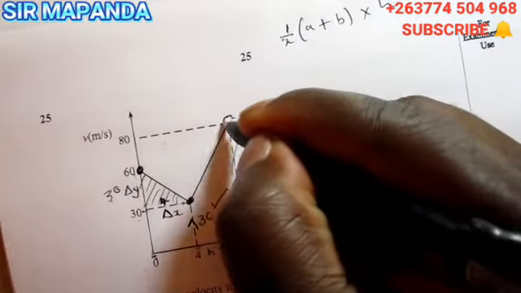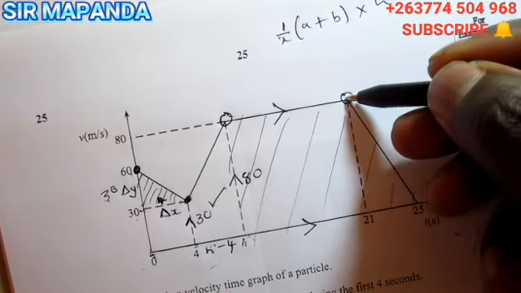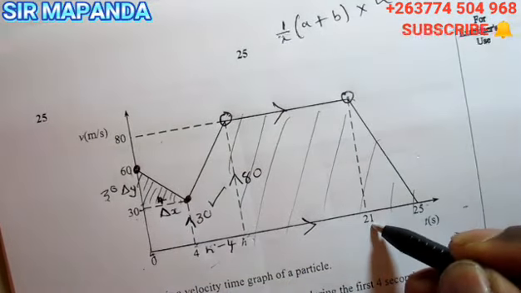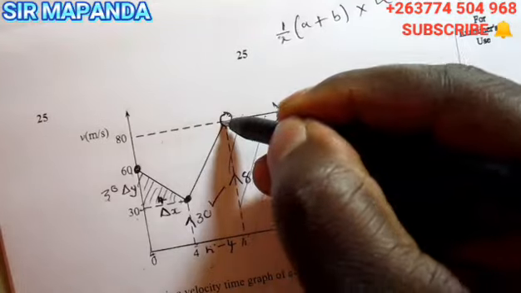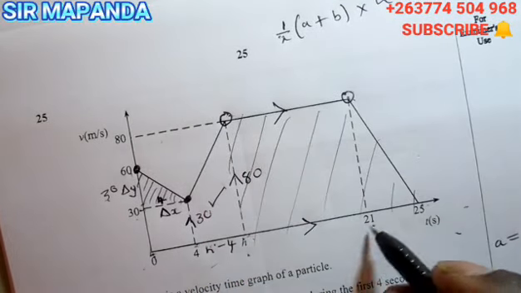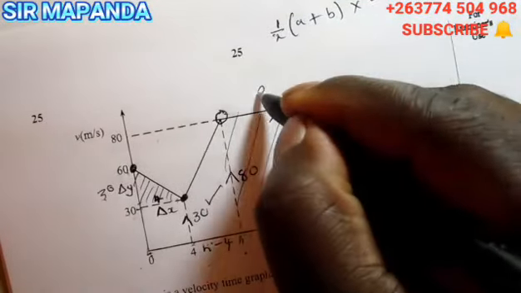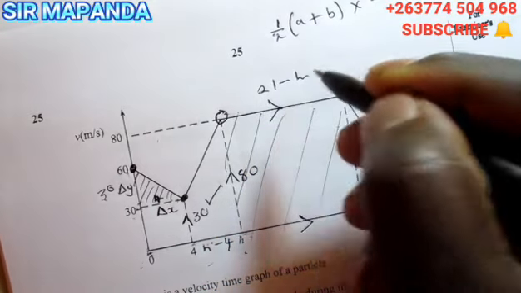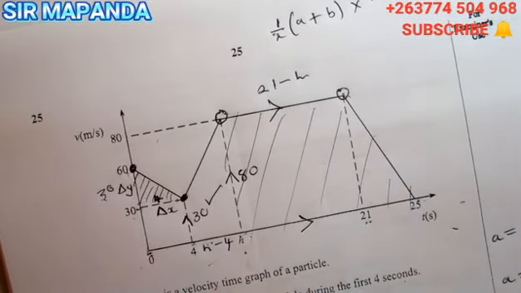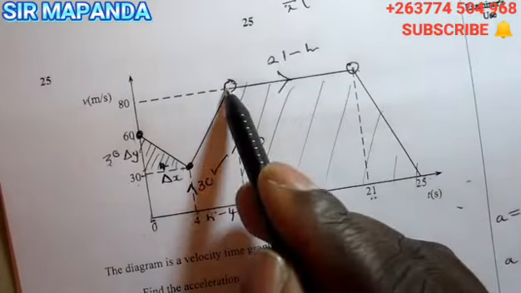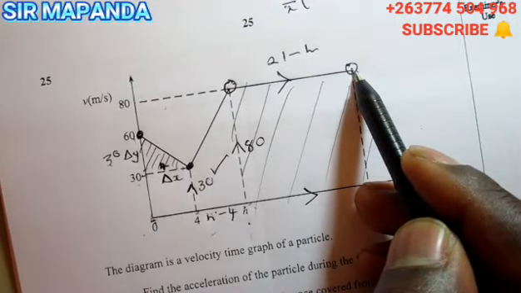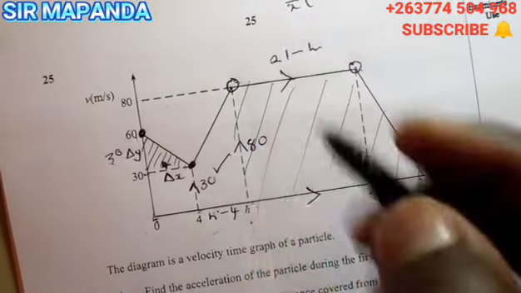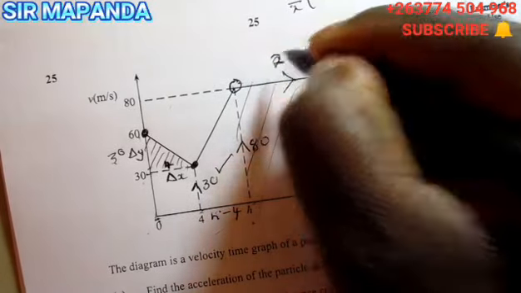So what is the distance from this point to this point? This point is aligned to 21. And this point is aligned to h. So 21, which is in front, is the one which is less h, which is before. Right? Then this is the distance from this point up to this point. 21 minus h.